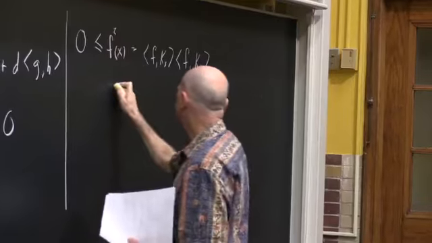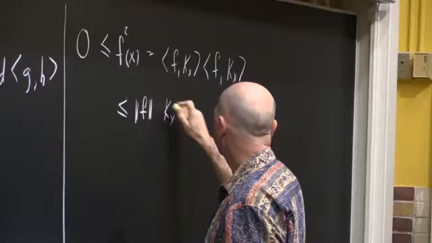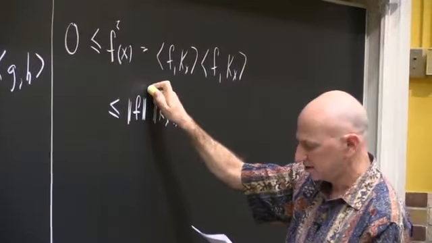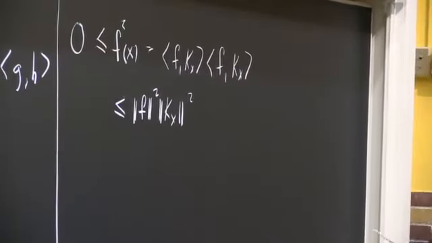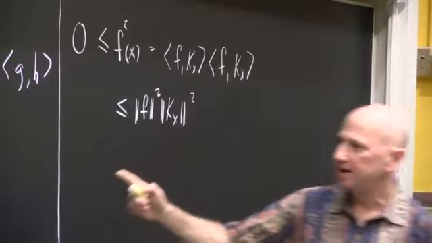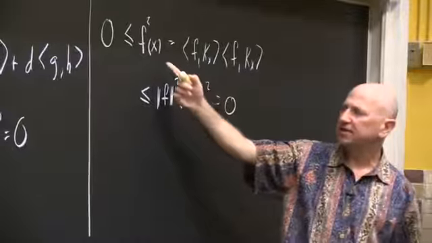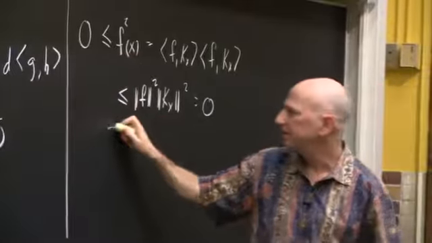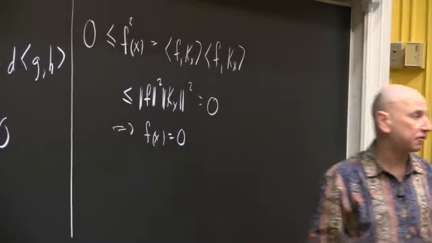So remember, Cauchy-Schwarz says that this is less than or equal to the norm of f times the norm of the kernel, and it's the same thing here, so that's squared. But the assumption was that the norm of f is 0. So I've got that f squared is bigger than or equal to 0 and less than or equal to 0. That implies f is 0. And that's for arbitrary x, so therefore the function is 0.